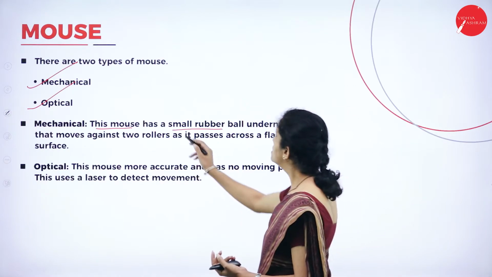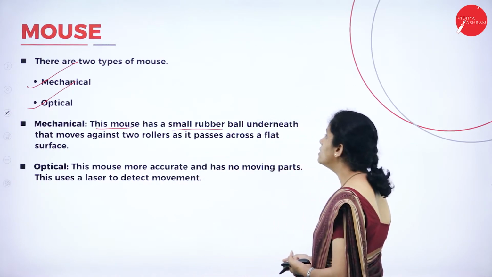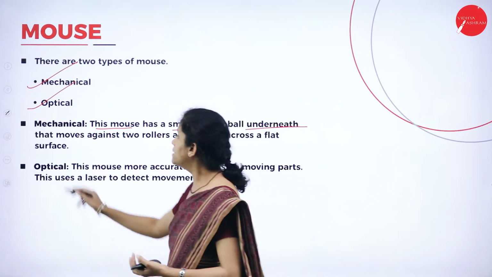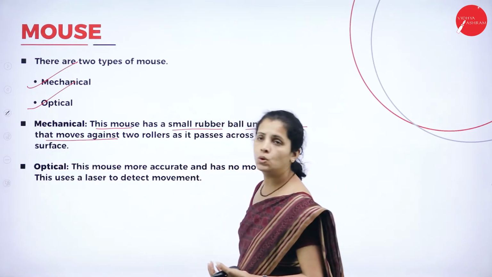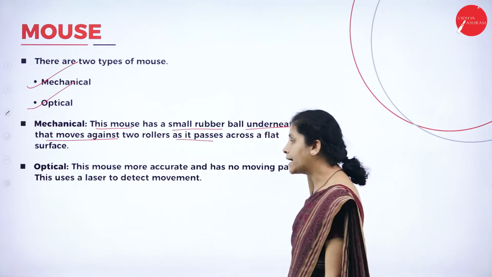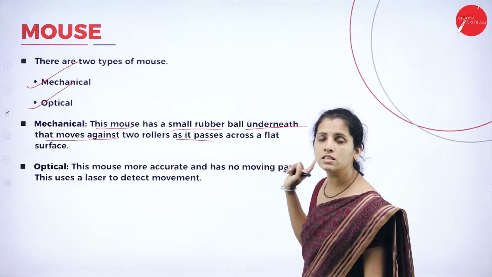It has a small rubber ball underneath that moves against two rollers as it passes across a flat surface.